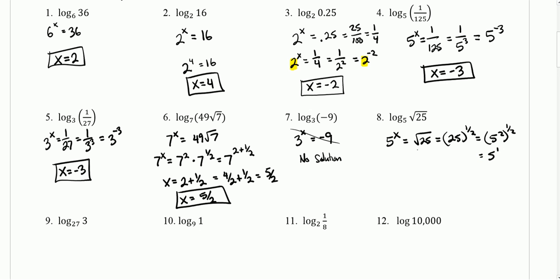Now there's an easier way to do this. We knew that the square root of 25 is just 5, so we could have also just taken the square root of 25 and got 5 to the 1. Either way, we get x, our exponent, is equal to 1.